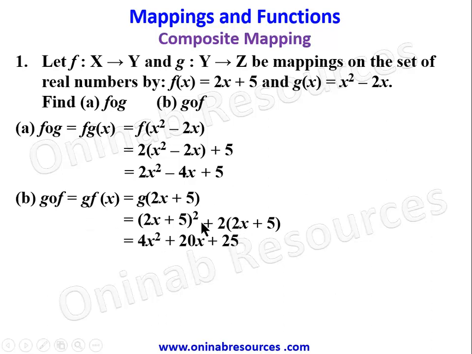Then the second bracket, we have 4x plus 10. Collecting the like terms, I have 4x squared, 20x plus 4x gives 24x, 25 plus 10 gives 35. So that's the end of the solution to problem 1, since we have solved problems 1a and b.